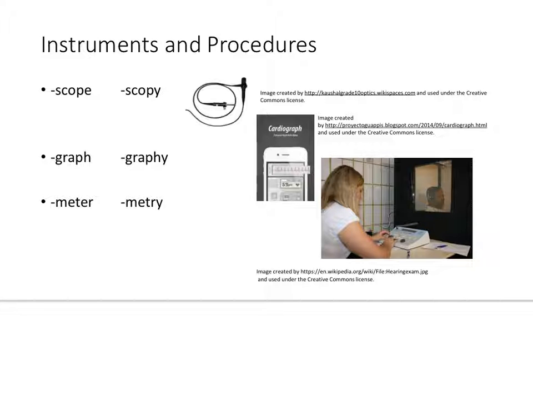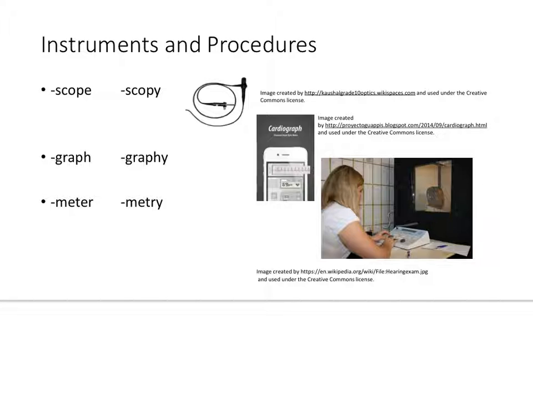So another set of suffixes that you're going to be familiar with has to do with instruments and procedures. Three that I want to mention: scope is an instrument, which is the actual scope that's used when a person is having a procedure that involves scoping.